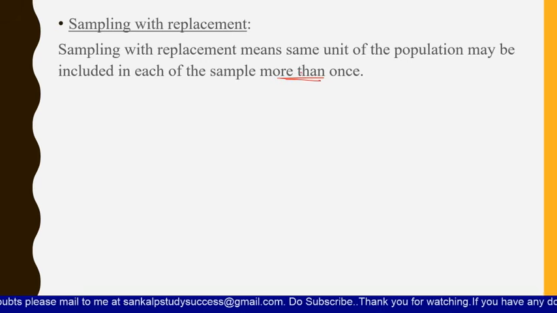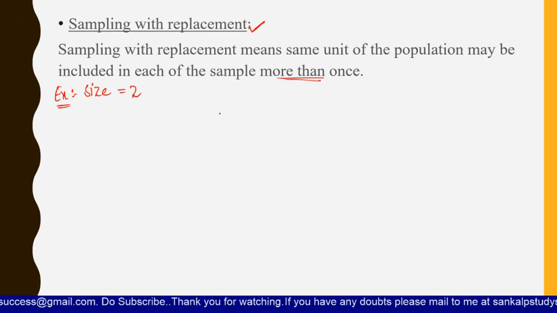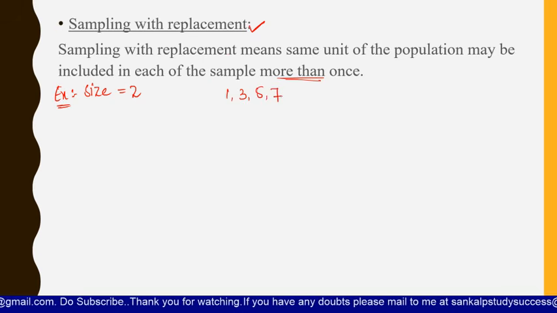Let us consider all samples of size 2 that can be drawn with replacement, consisting of the numbers 1, 3, 5 and 7.